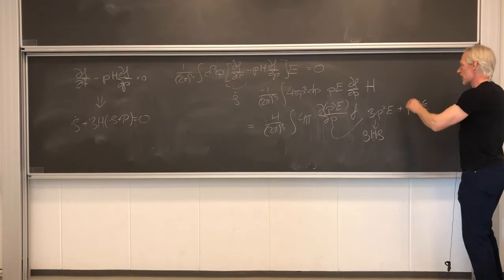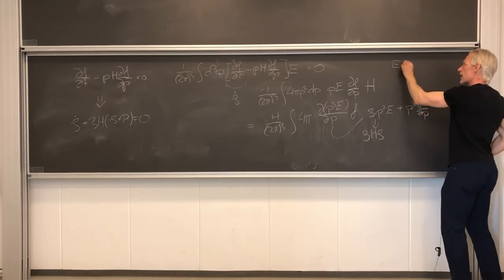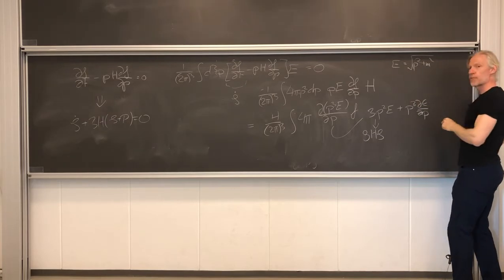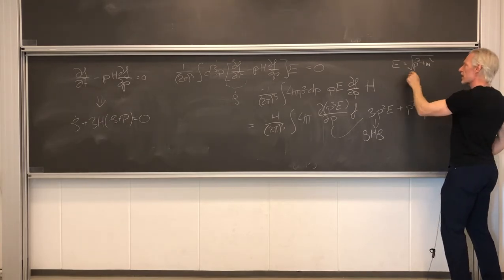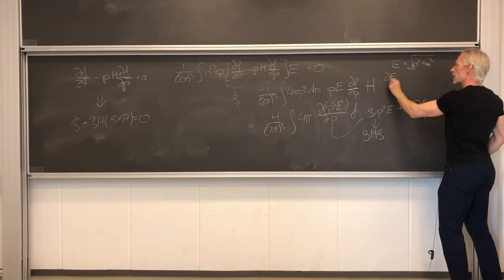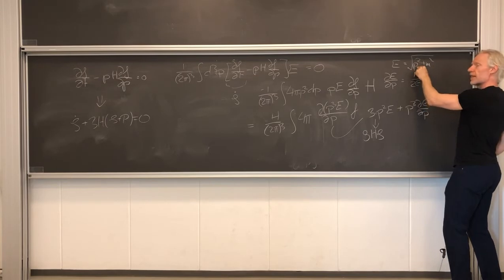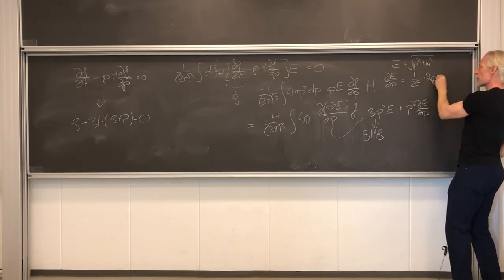But remember that energy we can write in this way from the dispersion relation. And that means that dE by dp, that is 1 divided by 2 times energy, and then we differentiate p squared, 2 times p.